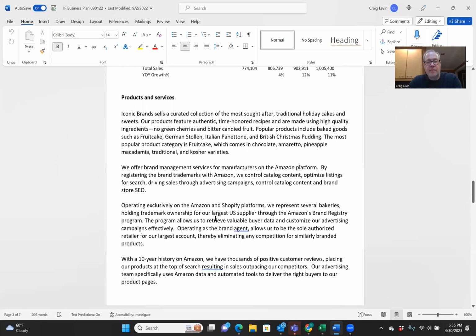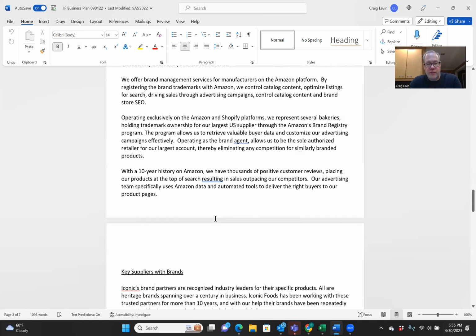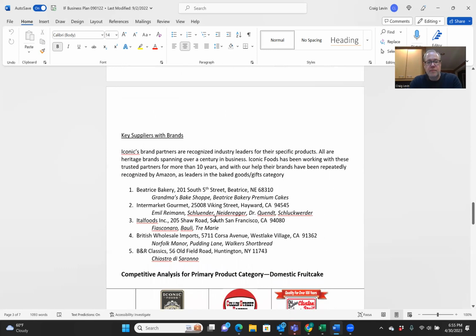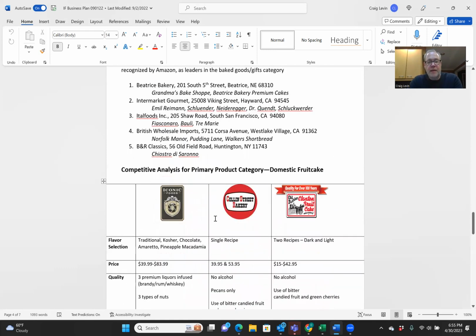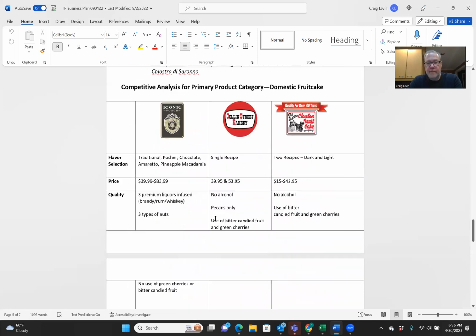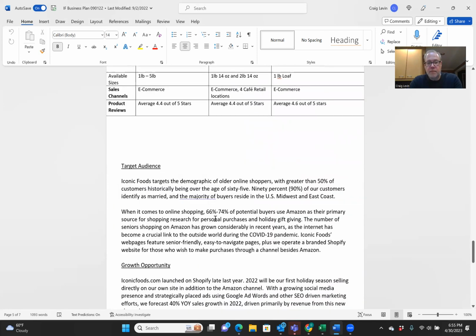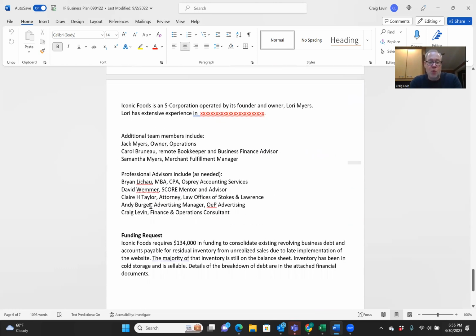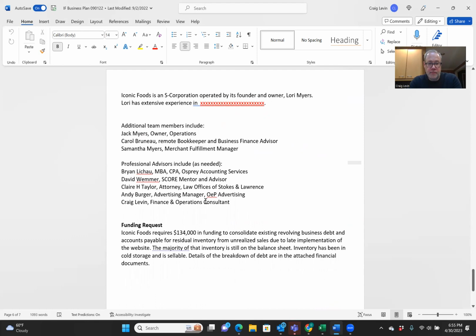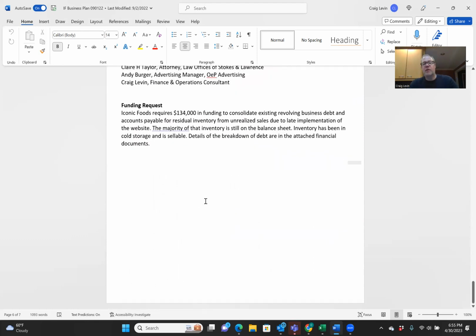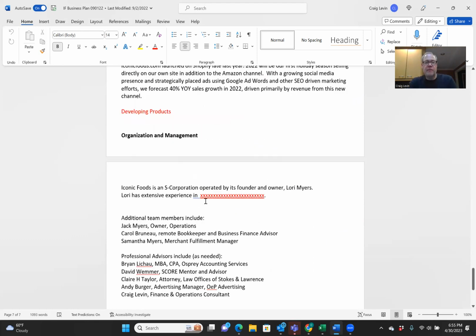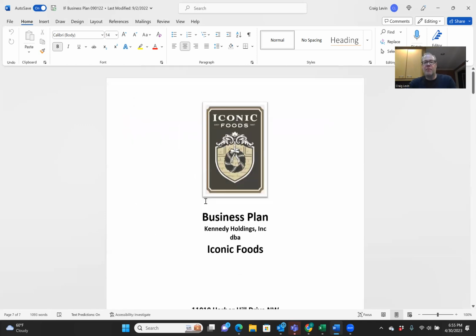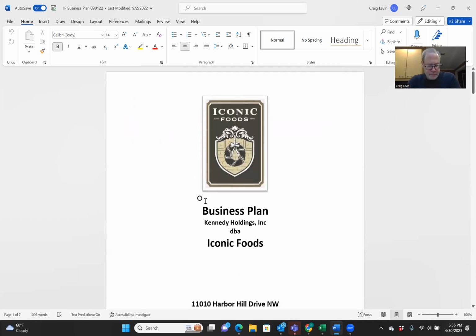This is an explanation of products and services and the key suppliers, and then some more about the opportunity and who is working for the company. So you can imagine doing all of this for your business and preparing a narrative like this so that you can illustrate your competitive advantage.